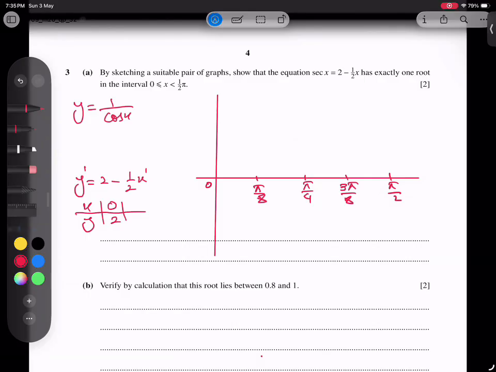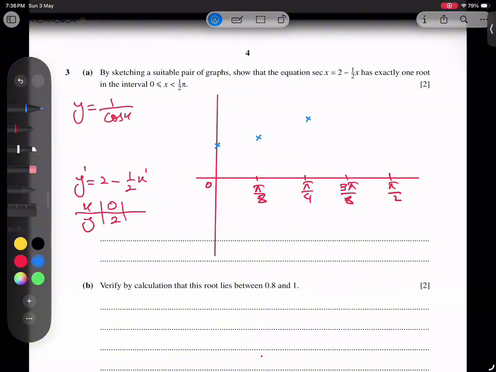Now I plug in all the numbers one by one. When cos 0 is 1, we are getting 1. So 1 divided by cos. If you look carefully, it is coming as 1.08 slightly, so it means slightly rising up. Pi by 4 I plug in here, this gives us 1.4, again slightly rising up.